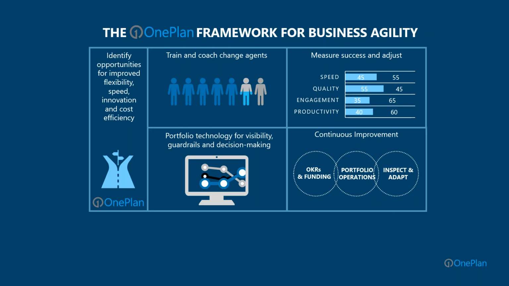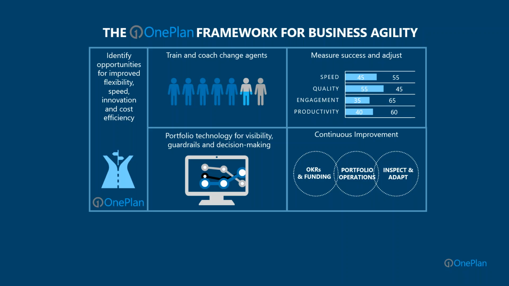We recommend training and coaching change agents. Train them in some of these tools like lean portfolio management, so they have all the latest methods, knowledge and case studies so that they can then lead from within. Technology is super powerful and helpful.